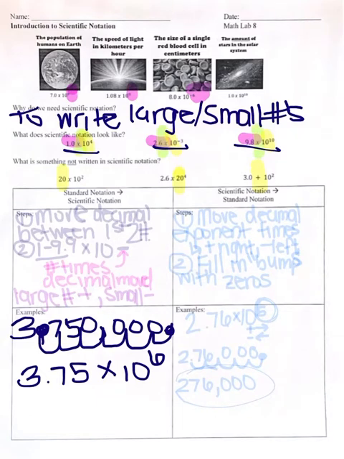All right. So the first thing we're gonna do is move the decimal between the first two numbers we see.